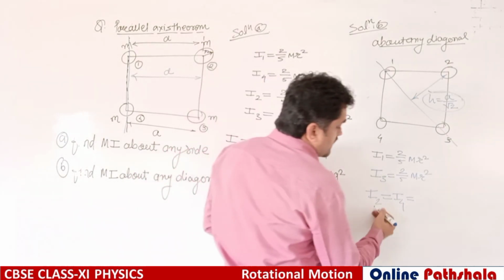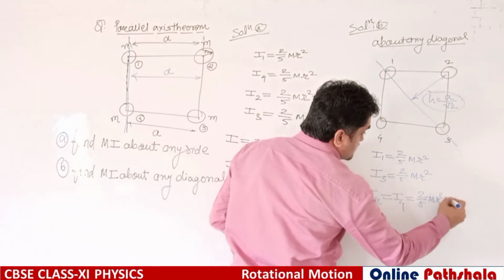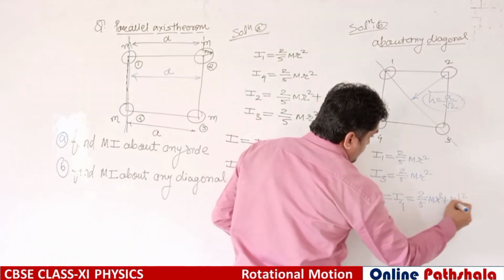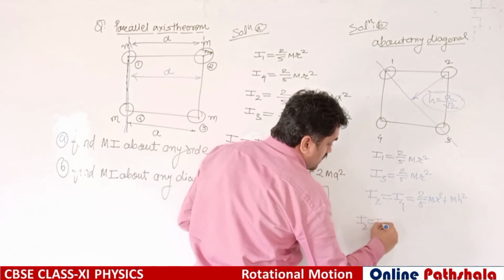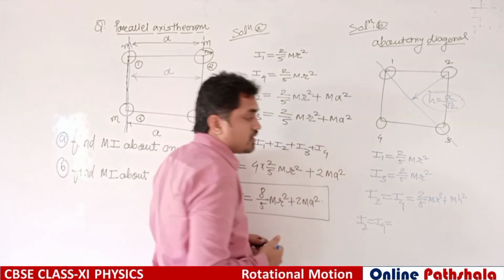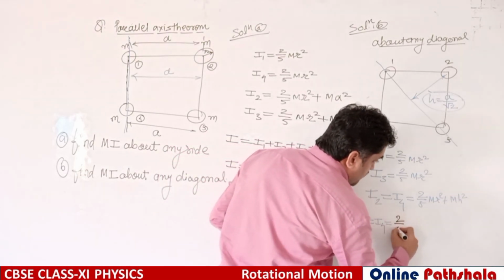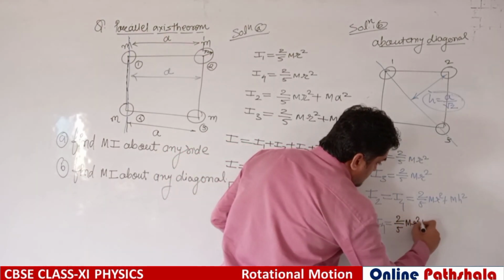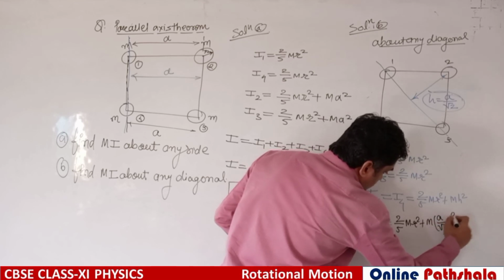Now, I4 and I2 will be 2 by 5 mr square plus mh square. Okay. So this I2 and I4 will be equal to 2 by 5 mr square plus m times (a by root 2) whole square.